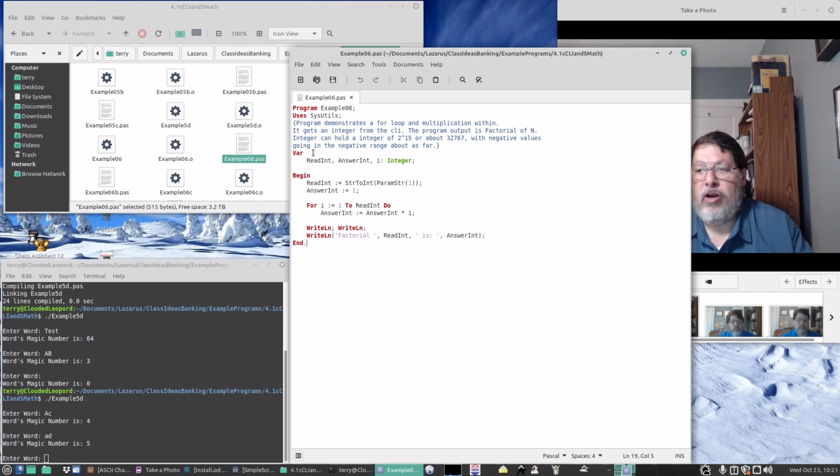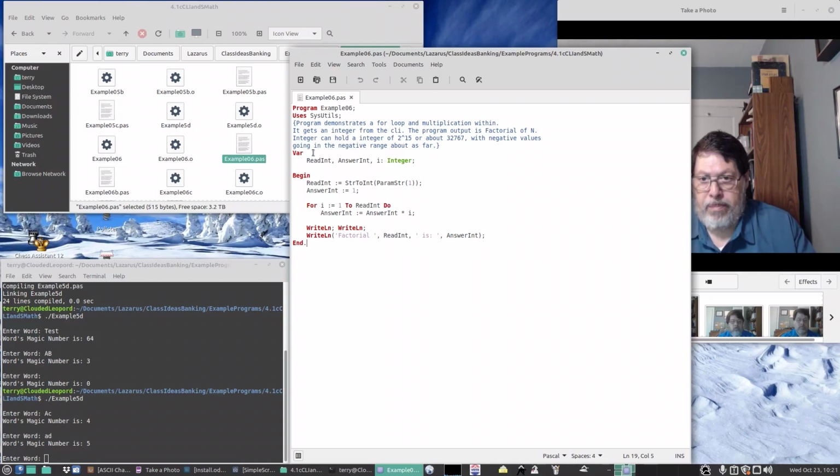Basically, factorial of a specific number is multiplying all the numbers 1 through that number together. All have to be whole numbers, and it's used in statistics quite a bit.